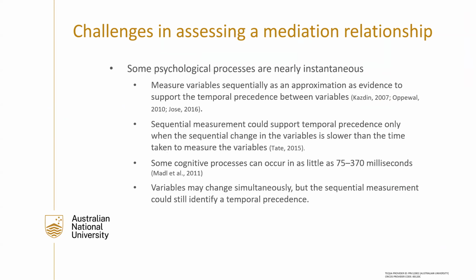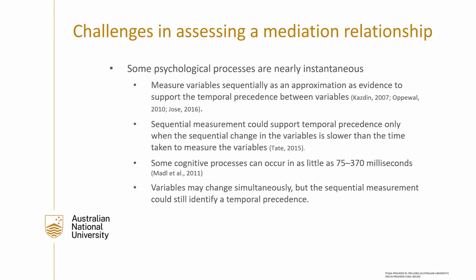And second, some psychological processes are nearly instantaneous. A common method to assess the temporal precedence between variables is to measure the variables sequentially and observe the sequential change. But this sequential measurement could provide evidence supporting the temporal precedence only if the change in the variables is slower than the time taken to measure them.